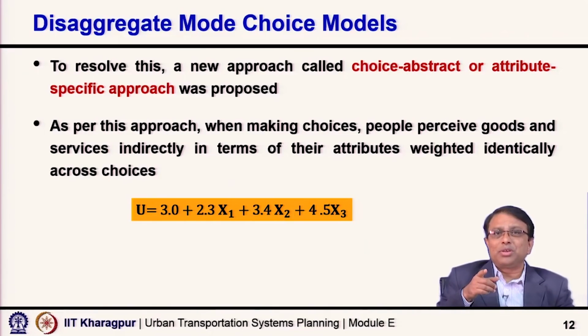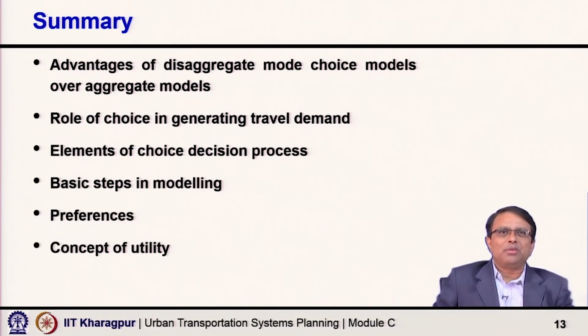So, the coefficients of x1, x2, x3, x4 are not going to be different in different alternatives, but rather they will be exactly the same across all choices. Still the utility values could be different, because the values of x1, x2 and x4, all these variables, are going to be different for different alternatives.